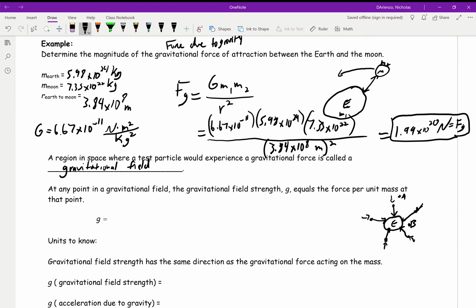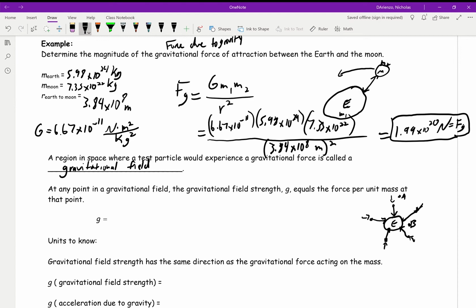That would be an indicator of a gravitational field. And these never really get to zero. It might get infinitely small, but even a small particle at the edge of our solar system is going to have some type of force vector moving towards the other planets in the solar system, regardless of how far away it is. It might be very weak, but it's still going to be there.